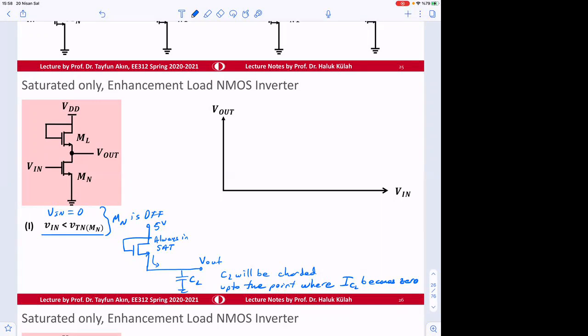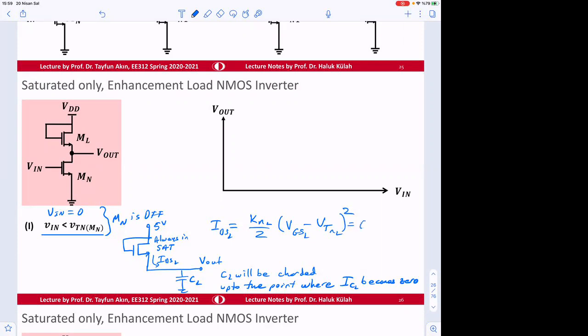We know that the IDS current is also equal to IDS of load. Since the transistor is in saturation, IDS load is Kn load divided by 2, times V gate to source load minus VTN load squared.